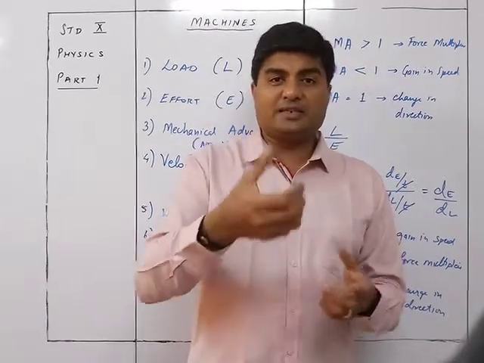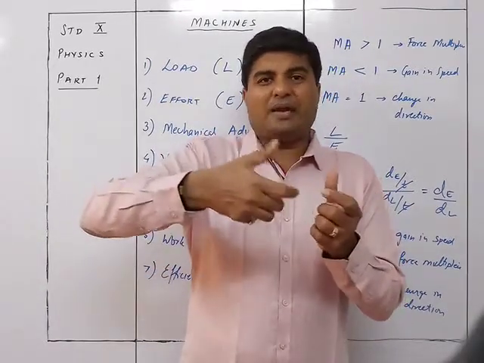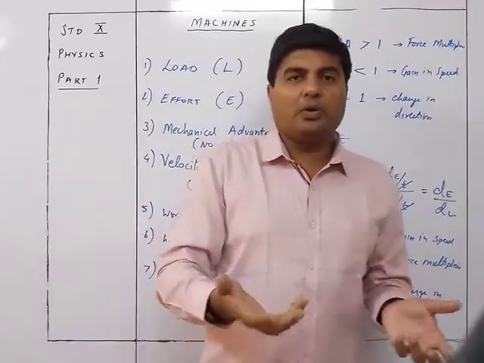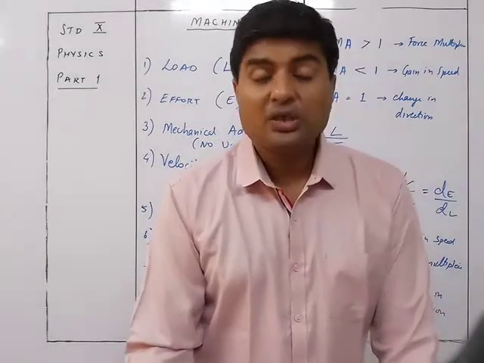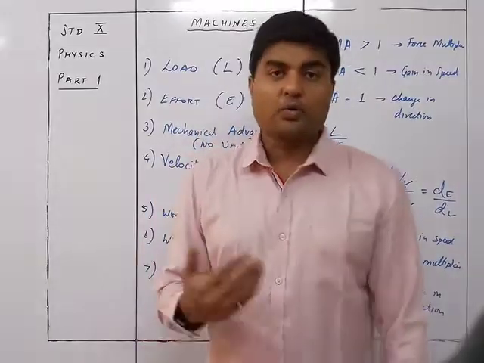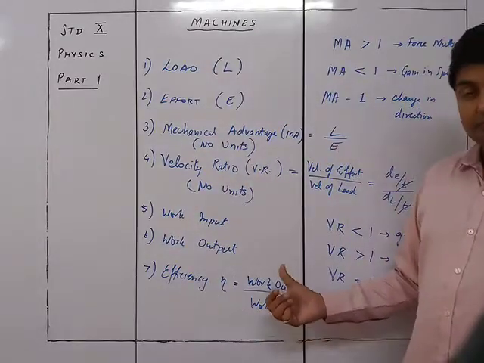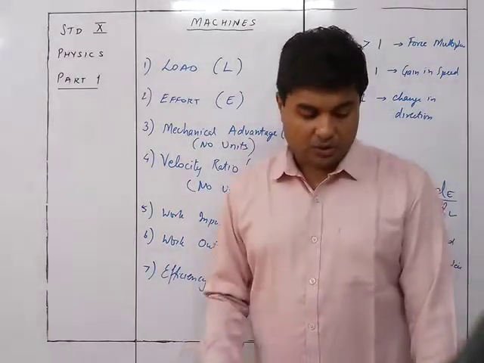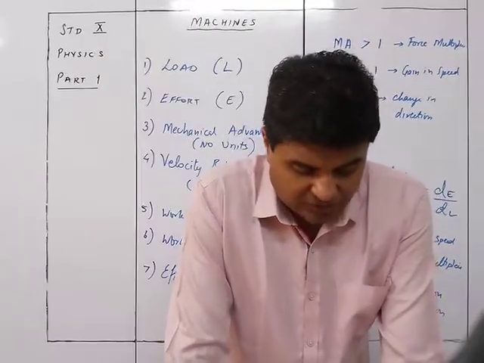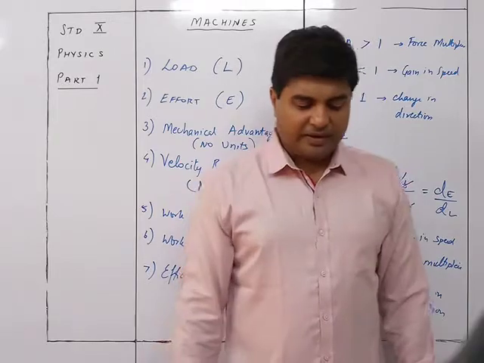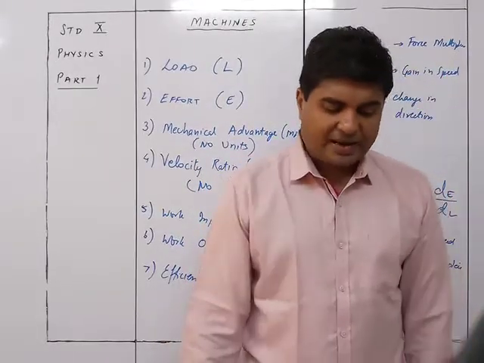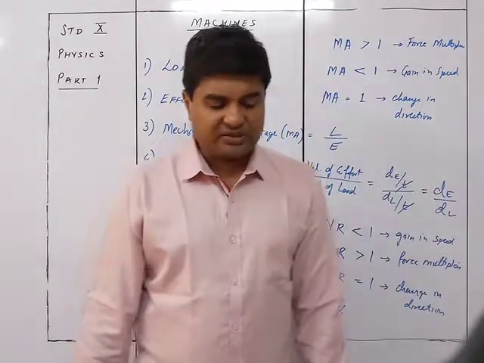Or let's take the scissors. If the scissors are tight, not proper, not properly sharp, you will have to apply a lot of effort. So automatically the effort required will be more, or the work done by the effort will be more than what we are getting on the load. In such a way, due to friction and due to the weight of the moving parts of the machine of a given design, its velocity ratio does not change, but its mechanical advantage decreases, so its efficiency decreases.